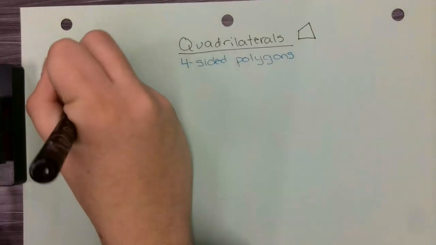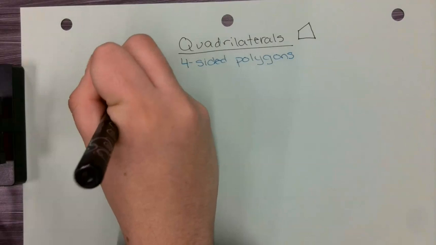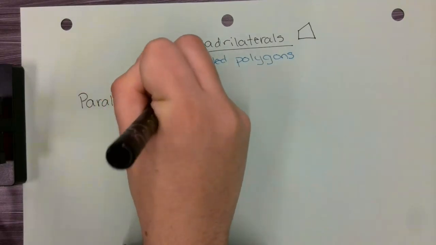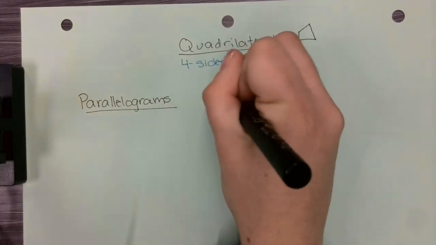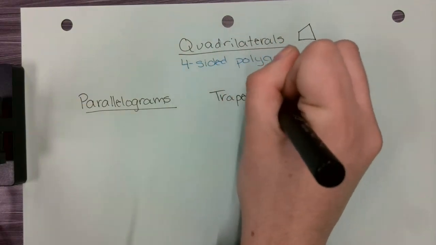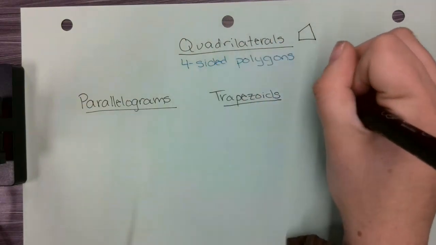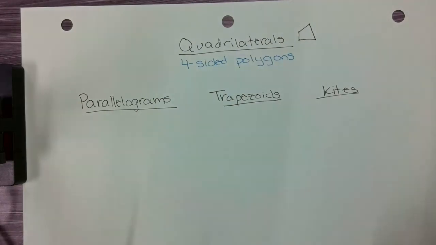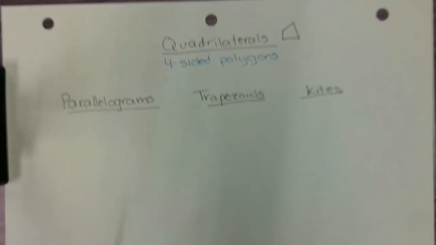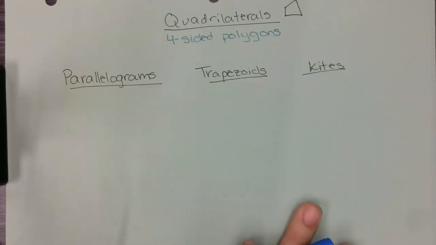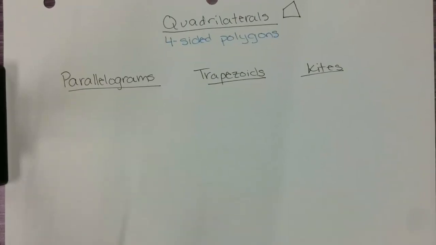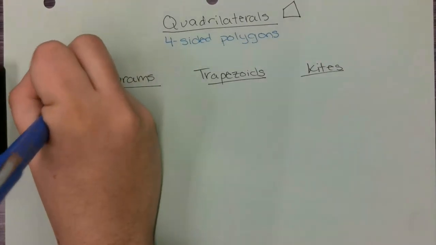There are parallelograms, there are trapezoids, and then the third kind is kites. So parallelograms have two sets of parallel sides.